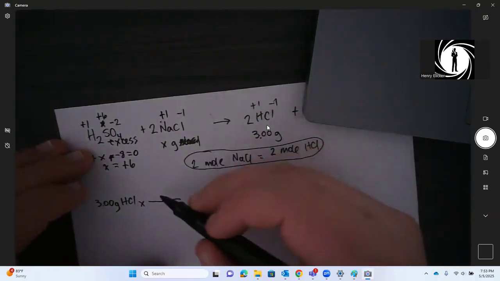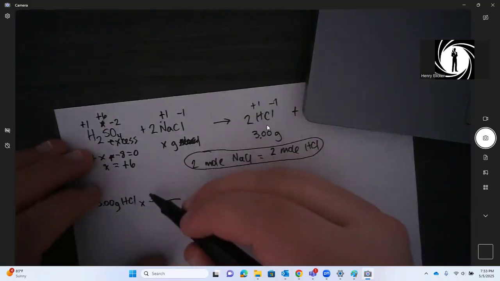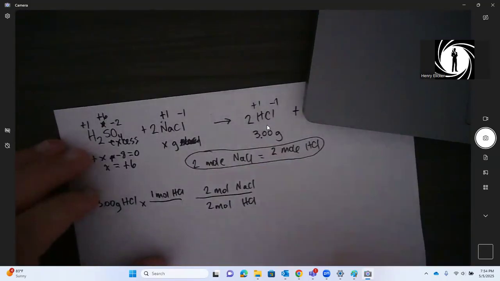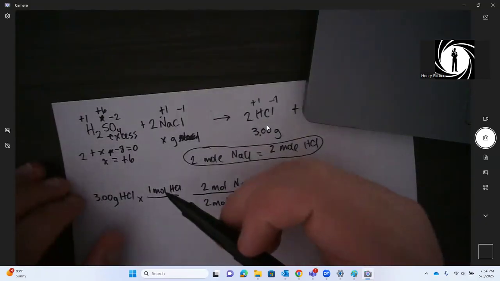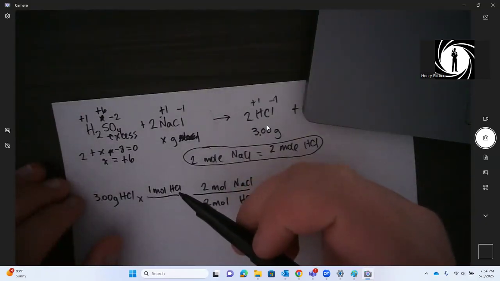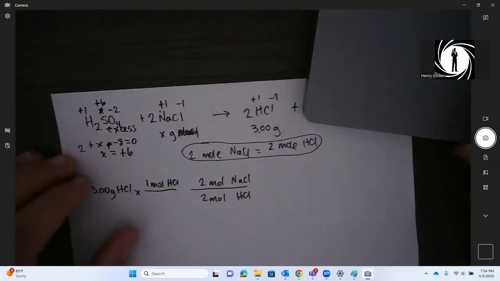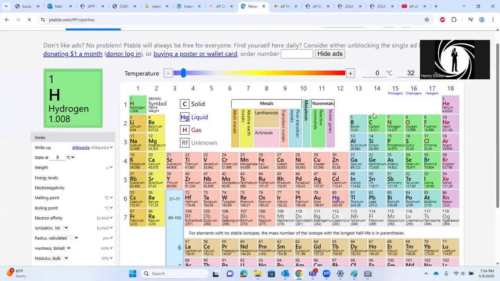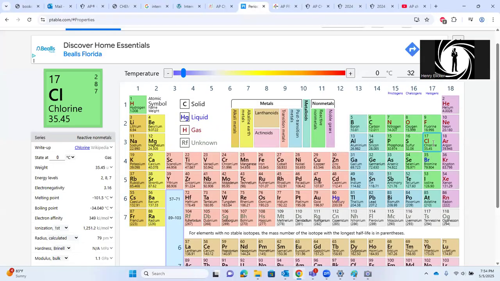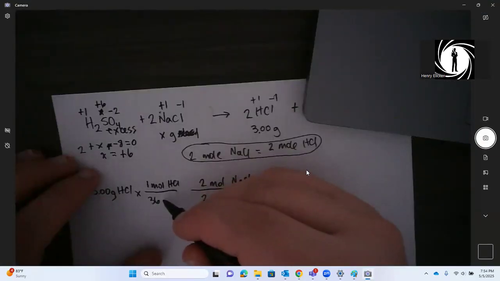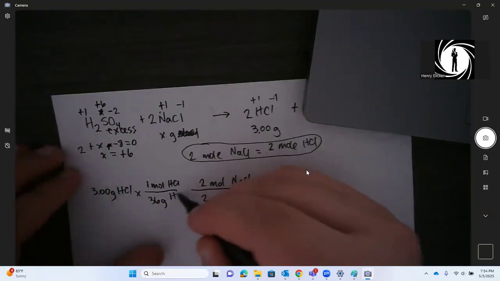We know that for every 1 mole of HCl, on the periodic table you could add up the individual molar masses of hydrogen and chlorine. Hydrogen's about 1, chlorine's about 35. So let's call it 36, just for simplification here. Obviously, you probably don't round it so heavily on your test.